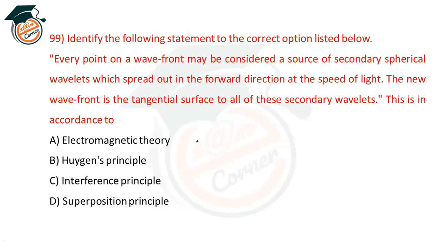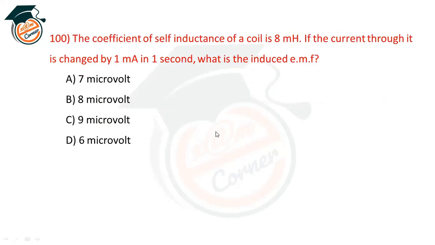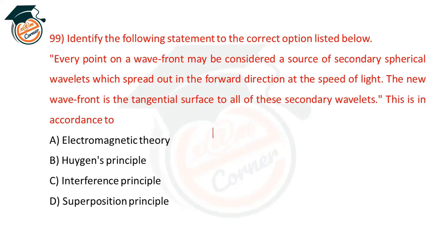This is in accordance with the principle we know as Huygens' principle. The principle states that every point on the wavefront may be considered as a source of secondary spherical wavelets which spread in the forward direction at the speed of light. The new wavefront is tangential to all the secondary wavelets.